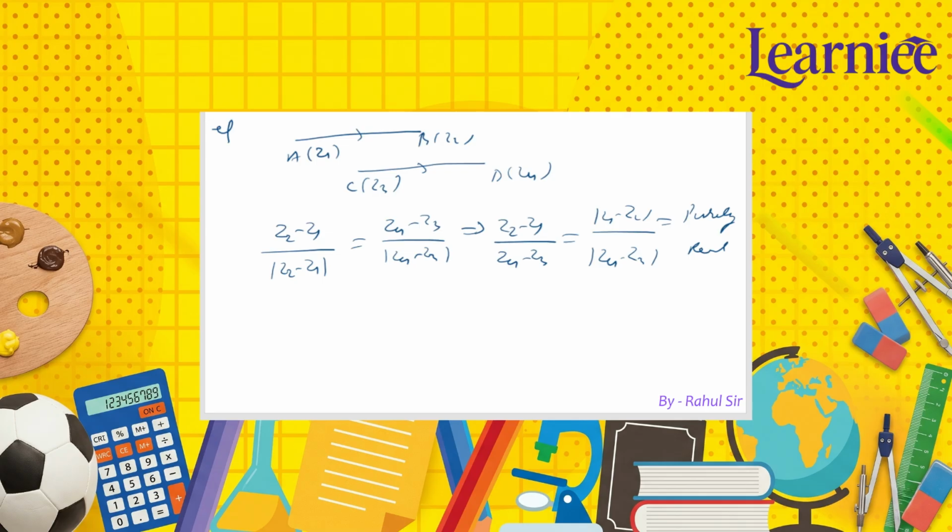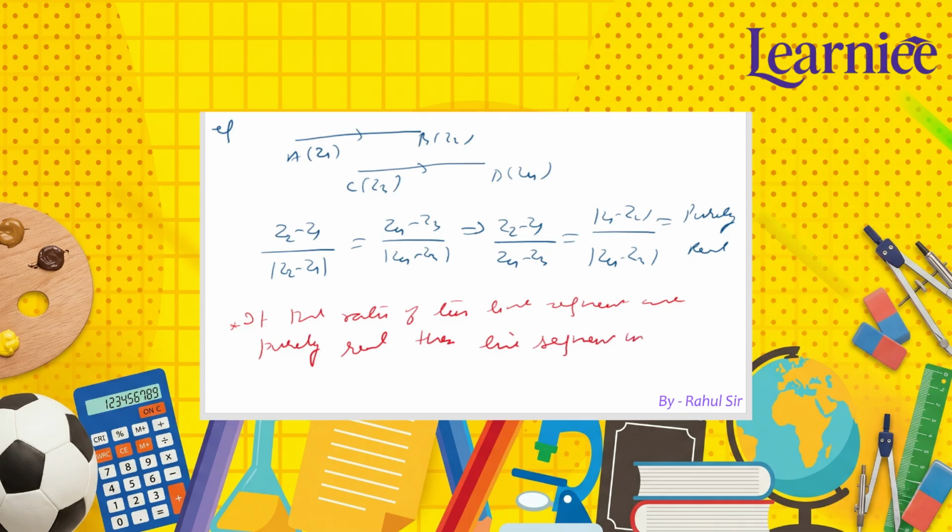So what conclusion we can draw from here is that if the ratio of two line segments is purely real, then the line segments will be parallel.